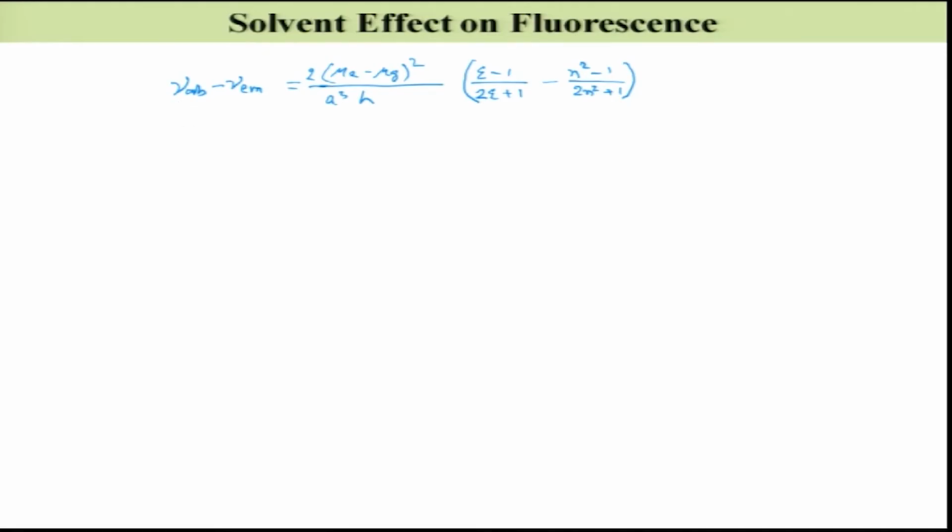So, then I can also write nu bar absorption minus nu bar emission is equal to 2 by h c a cube, (mu E minus mu G) square, into (epsilon minus 1) by (twice epsilon plus 1) minus (n square minus 1) by (twice n square plus 1), right.